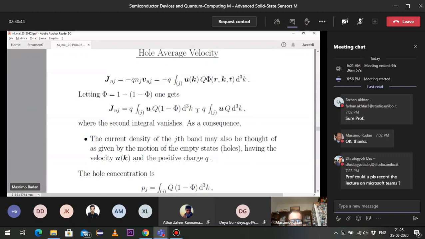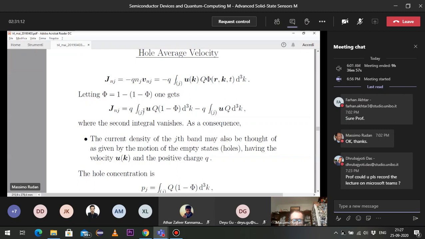The second block comes from this minus. It is minus Q integral of u, but you remember u is odd, and the integral goes over the Brillouin zone that is symmetric with respect to the origin. So the second integral is 0, and we are left with the first integral.